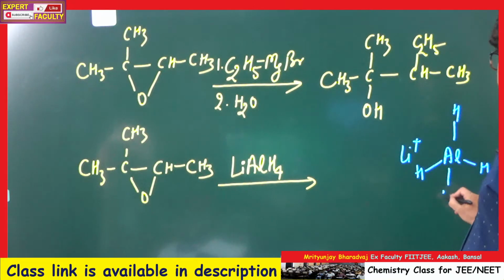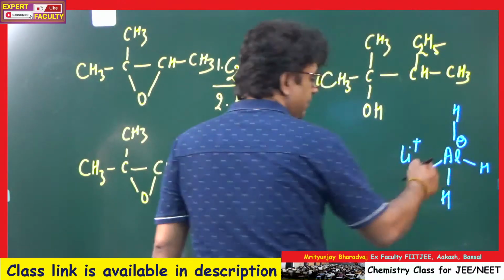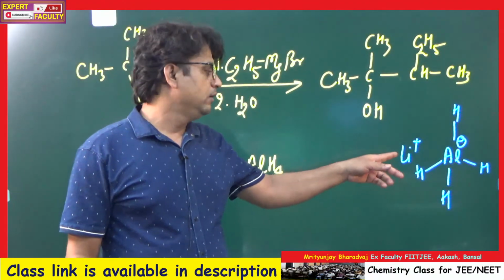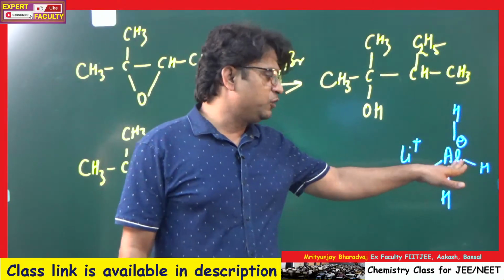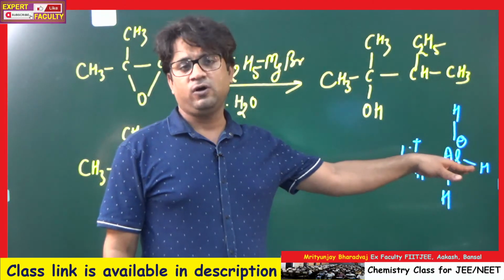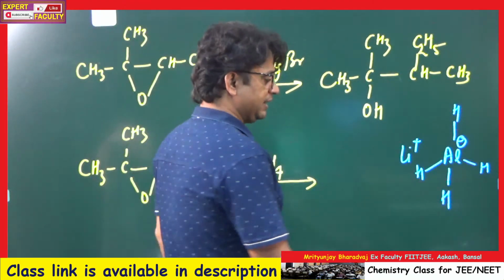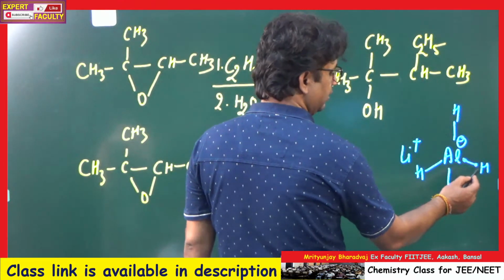So what will we have? There will be a negative charge on the aluminium, and an aluminium-hydrogen bond will be there. When the hydrogen leaves, what do you think? If there is a metal-hydrogen bond, will the bond pair electrons be taken by hydrogen or remain at the metal?